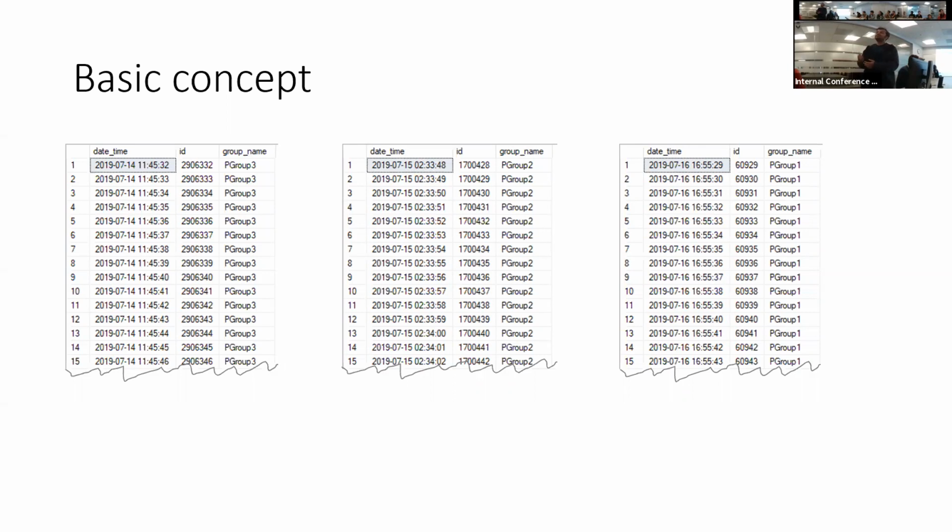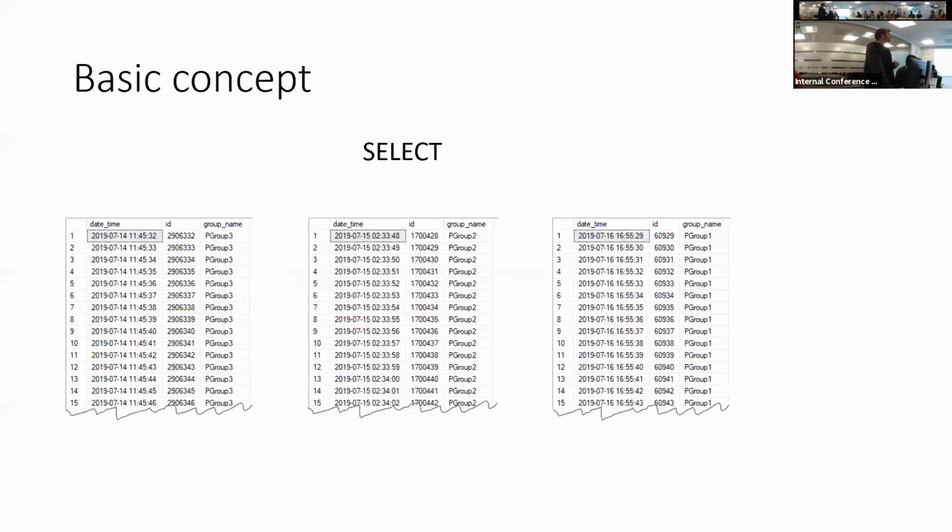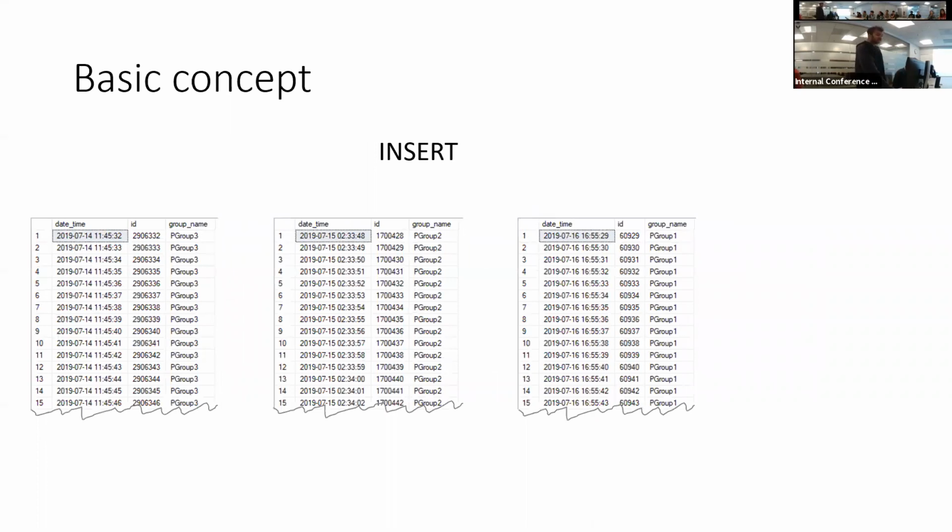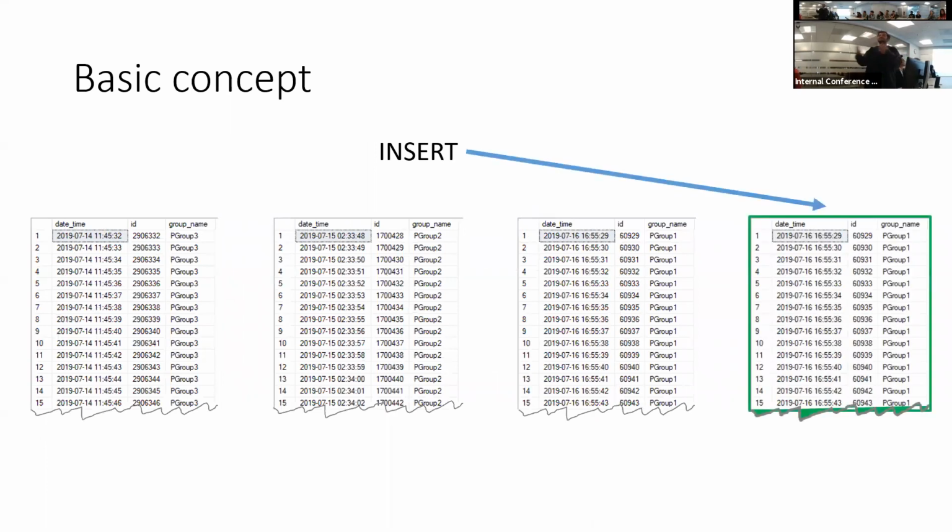So say if you want to store data for another date, like the 17th of last month, we can just create another chunk and keep on storing there. The benefit is that if we want to do some kind of selection query, we can just look at those particular chunks and do the queries. Also, if we want to insert, we can create another chunk and just connect it with the other chunks.